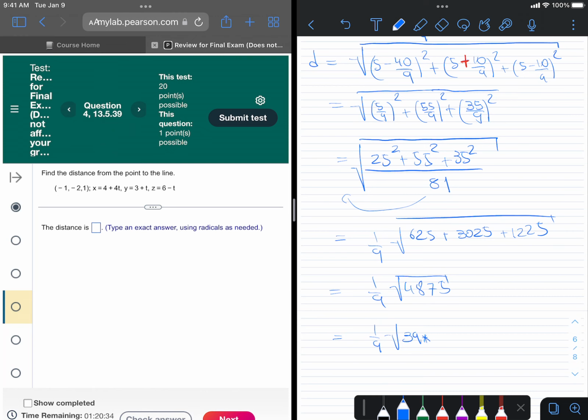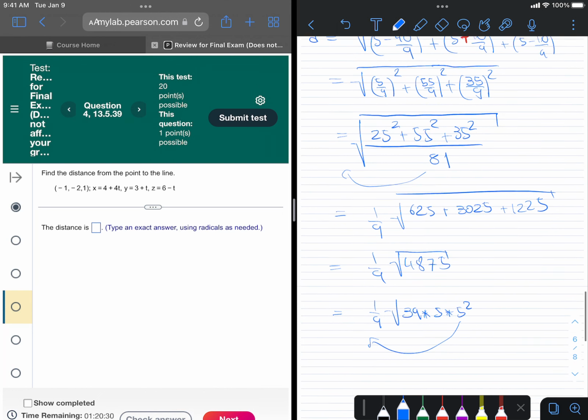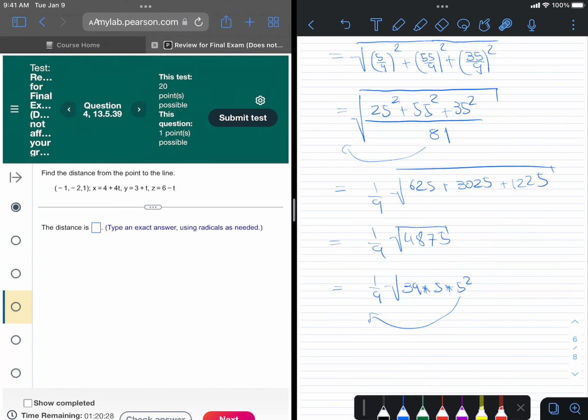So 5 times 5 squared, this can come out. 39 still has a 13 times 3, but that doesn't help me in any way, so I'll leave that 39 times 5 inside, which is 195, to get 5/9 root 195, and that's the answer.